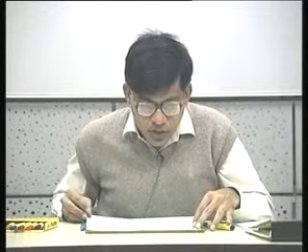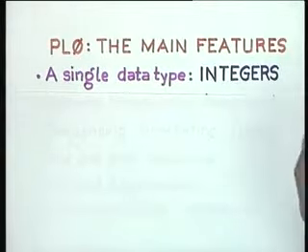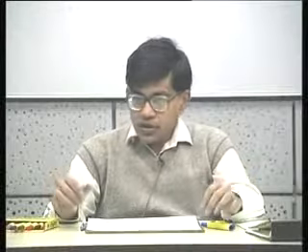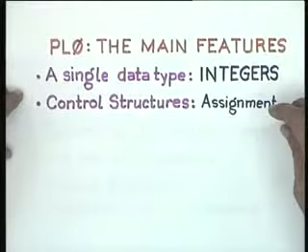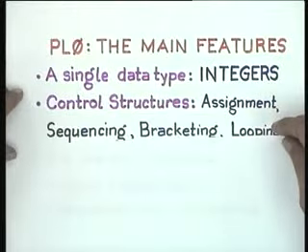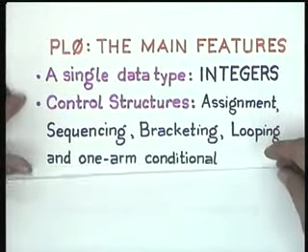The main thing about PL0 is that it is even smaller than Pascal. It has a single data type, integers, and no other data types. The only control structures are assignment, sequencing, bracketing, looping, and a one-arm conditional.